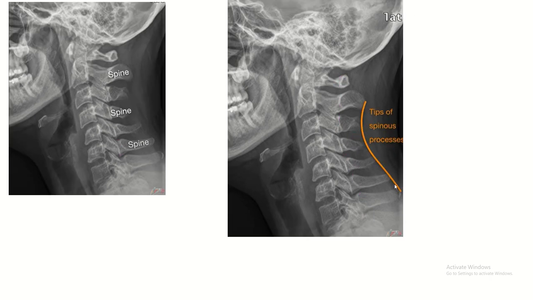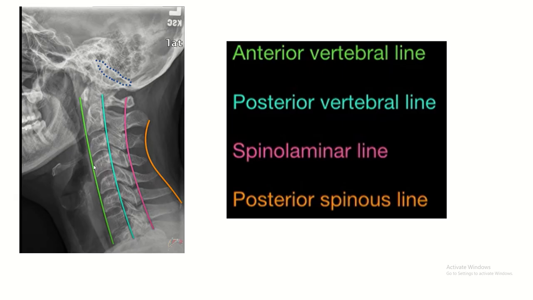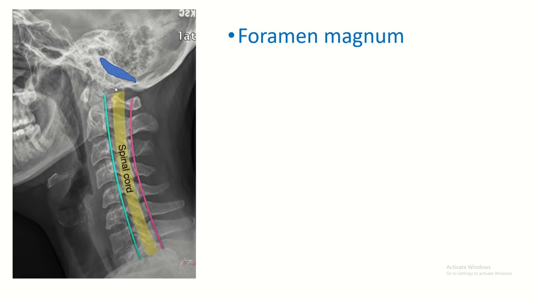This is the tip of the spinous process. So the four lines are the anterior vertebral line, posterior vertebral line, spinolaminar line, and posterior spinous line. And this is the location of the foramen magnum, and the vertebral canal contains the spinal cord.